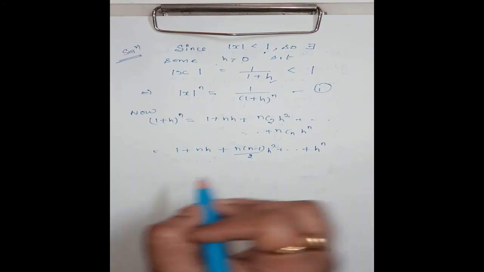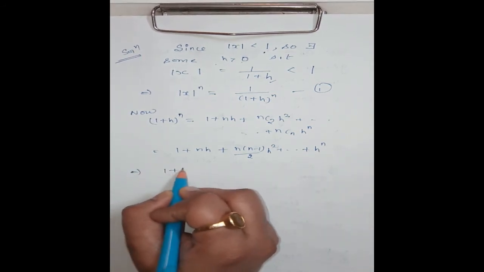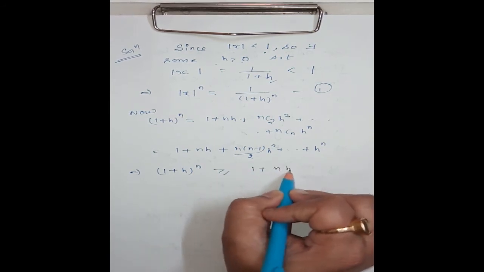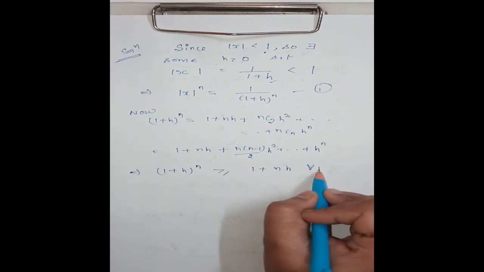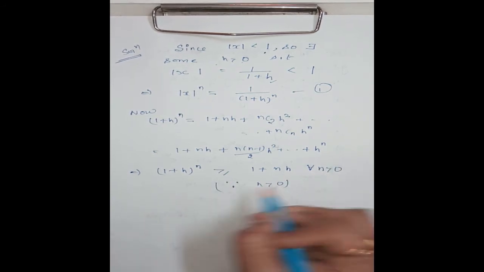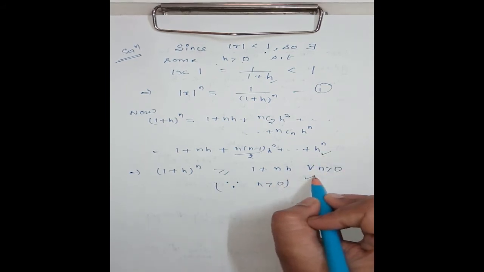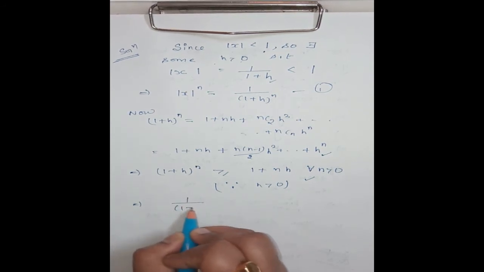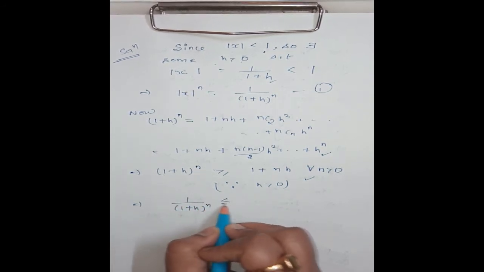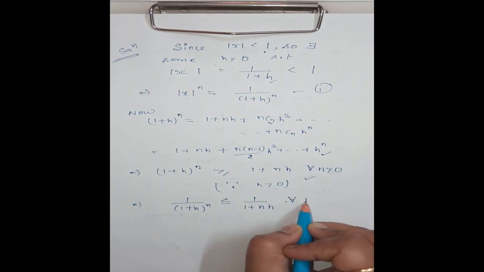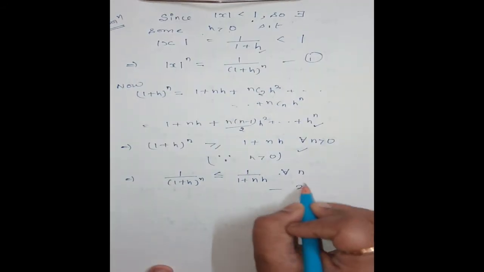And this will imply (1 plus h) power n is greater than or equal to 1 plus nh, for all n positive, since h is positive. Clear? Now this will imply 1 upon (1 plus h) power n is less than or equal to 1 by 1 plus nh for all n. Mark this as 2.